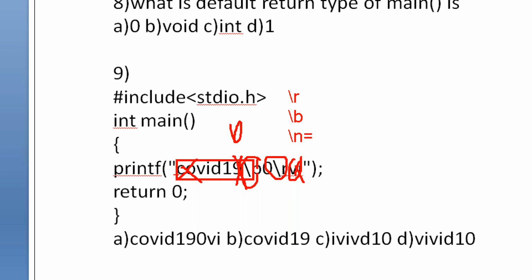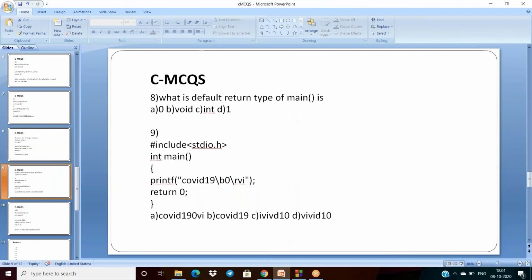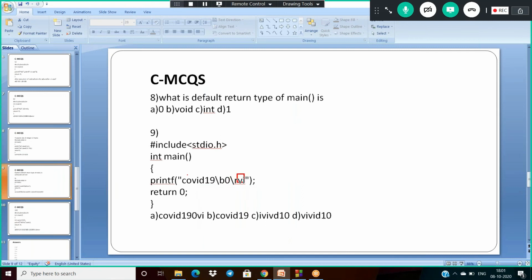Because of this, now vi is replaced. Already 9 is removed with this backslash b and 0 is added, and this co is replaced with vi. So that is why v with 1 0. This is the answer.